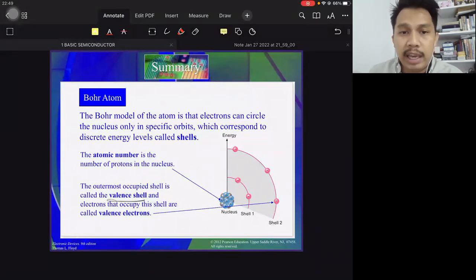The process of losing a valence electron is known as ionization, and the resulting positively charged atom is called a positive ion. For example, the chemical symbol for hydrogen is H. When a neutral hydrogen loses its valence electron and becomes a positive ion, it is designated H+. The escaped valence electron is called a free electron.